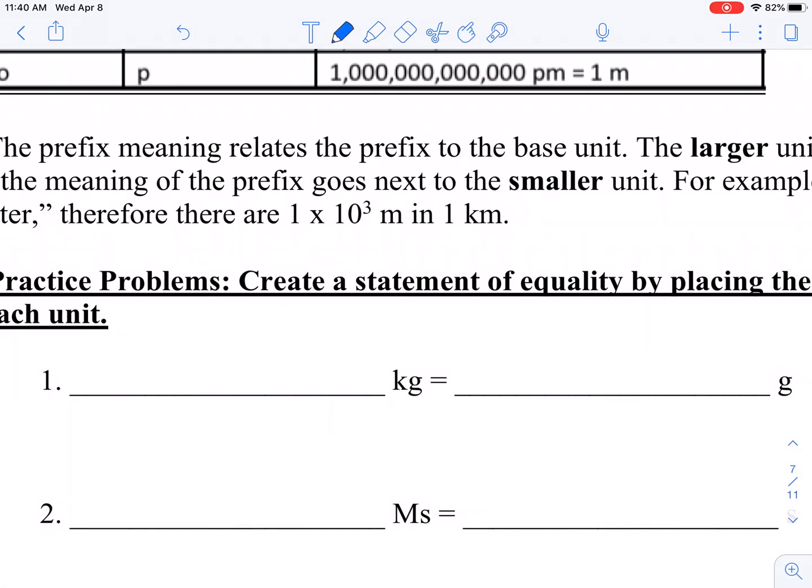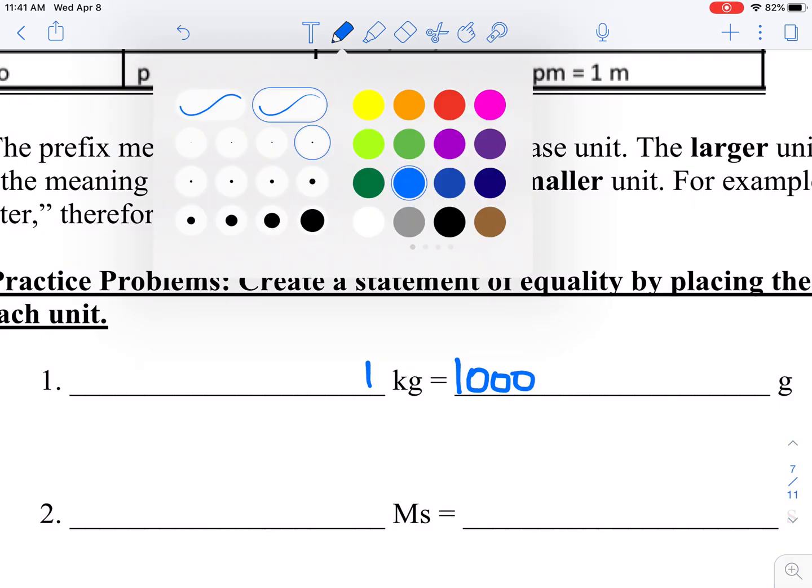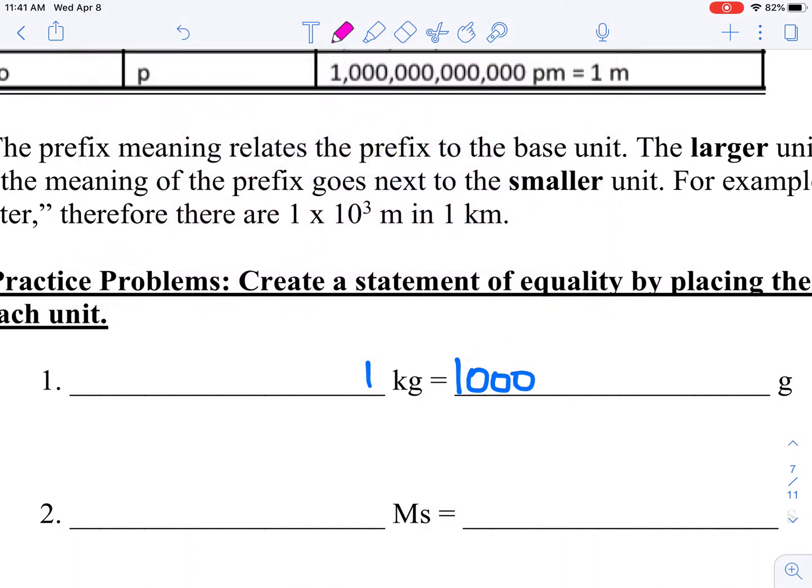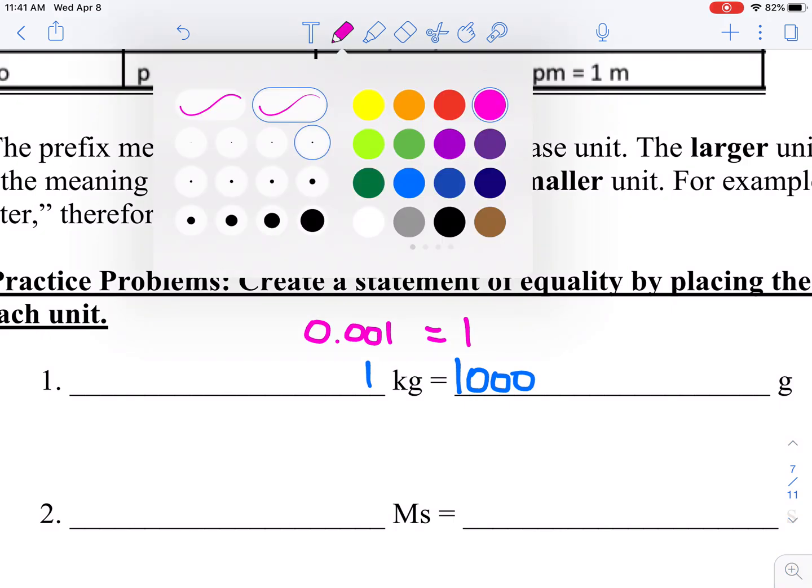So we could write that there are 1,000 grams in 1 kilogram. That's probably the most straightforward way that I would think to do it. We could say, if you so desire, that 0.001 kilograms is 1 gram. Right? 1/1000th of a kilogram is a gram. Or we could do either of those in scientific notation, right?